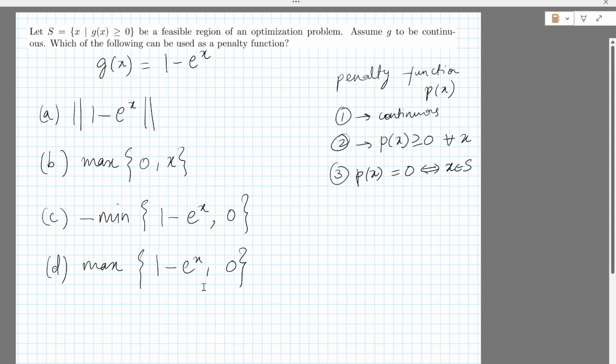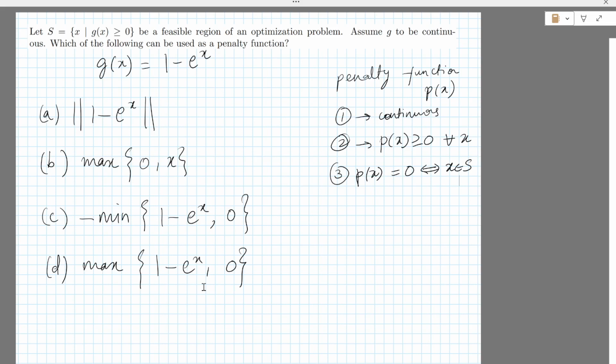So e raised to x can become 0. Correct, 1 minus e raised to x can be a negative number if x is a very high number, right? Because we expect g of x to be greater than 0.